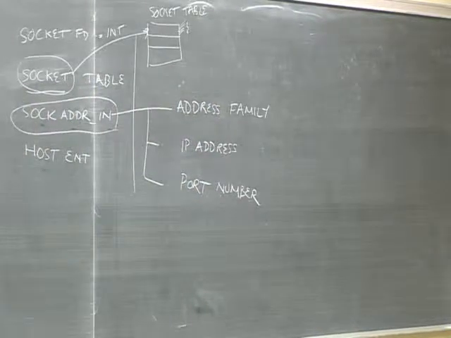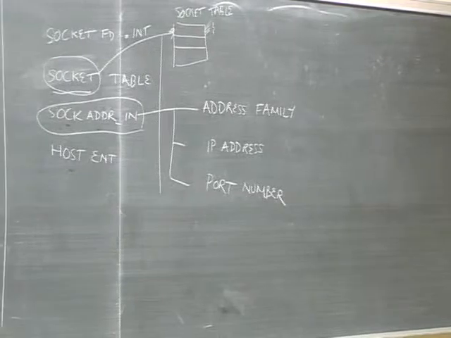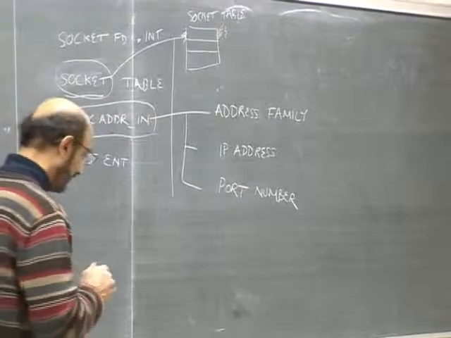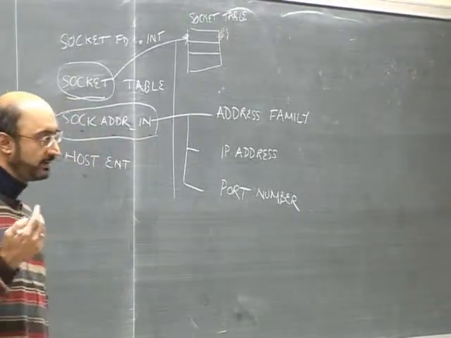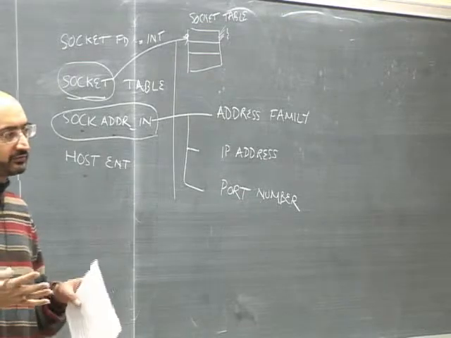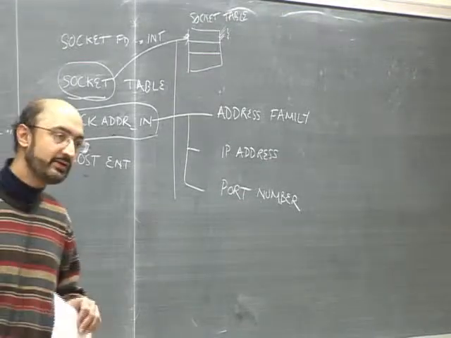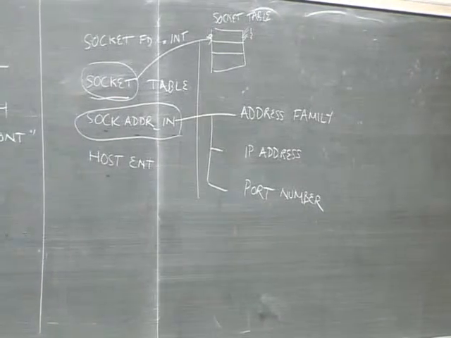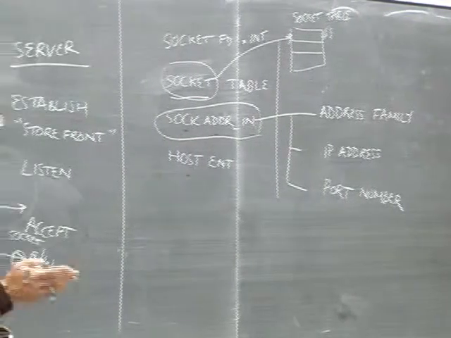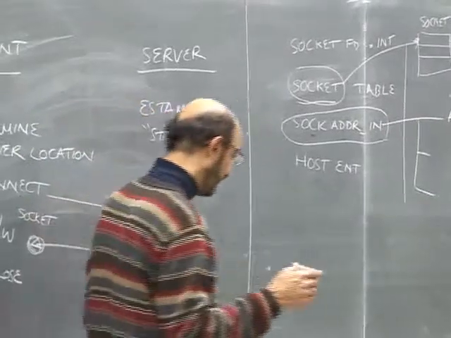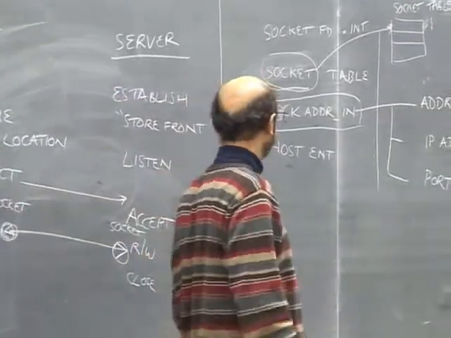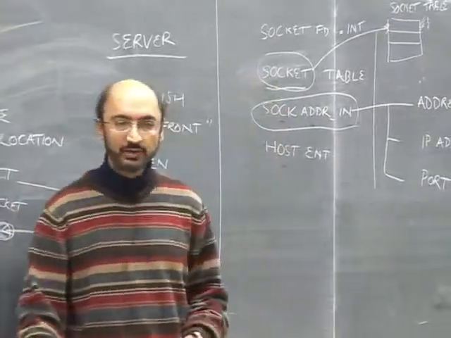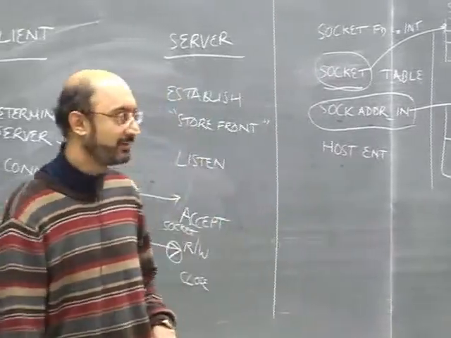When sockets were invented, which is roughly around 1978, 1979, the idea was that sockets would be used to talk about the internet as well as other networks that existed at that time. There were many other networks that existed at that time, all of which kind of went away. I don't want to give you the names, they're not relevant, but at that time the internet was only one of the many networks that were possibly available.